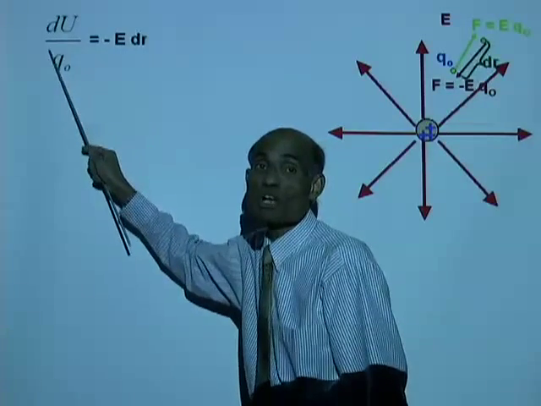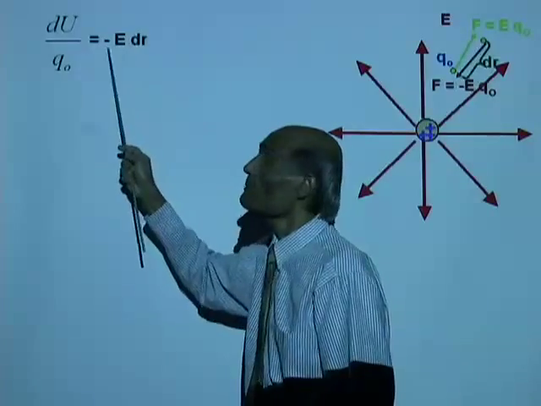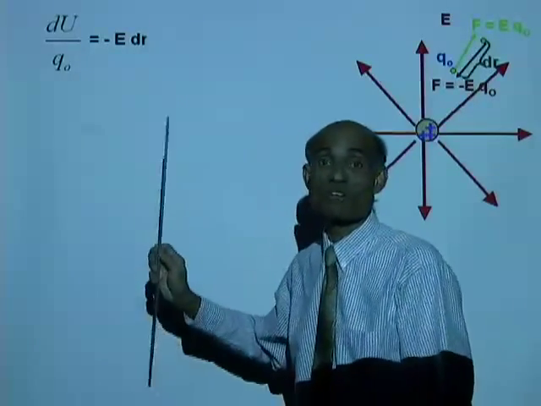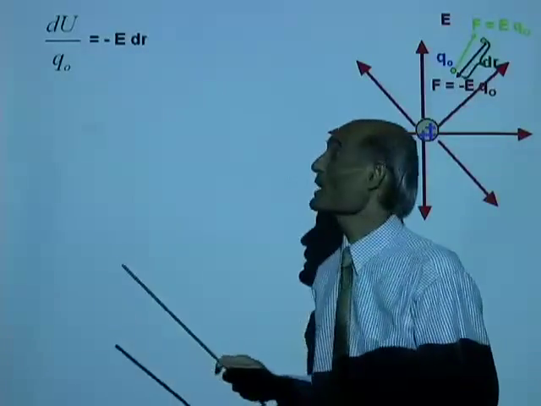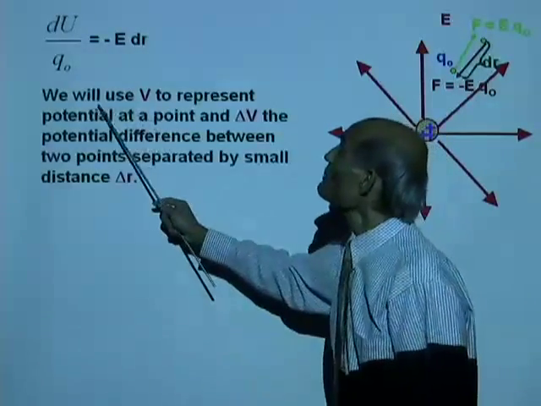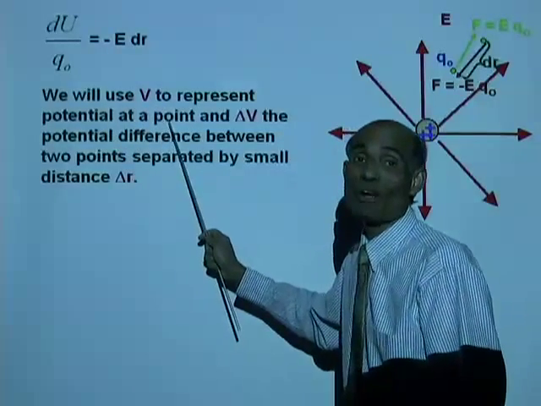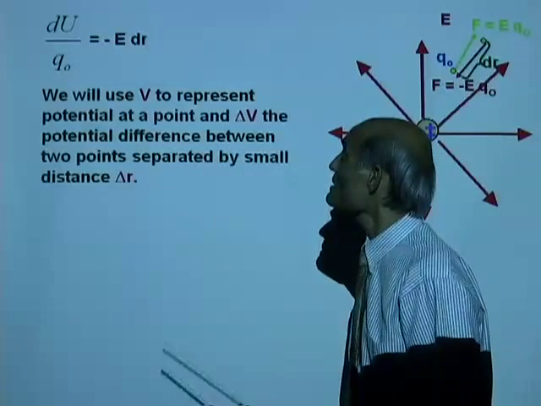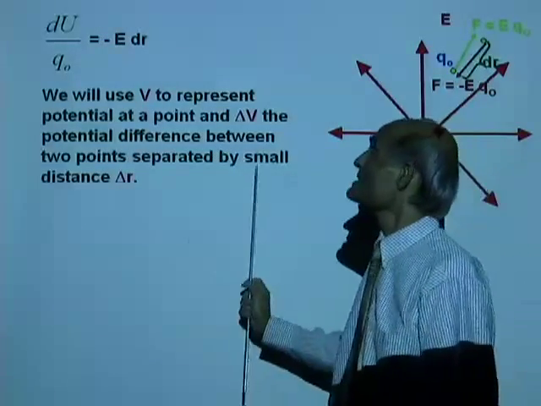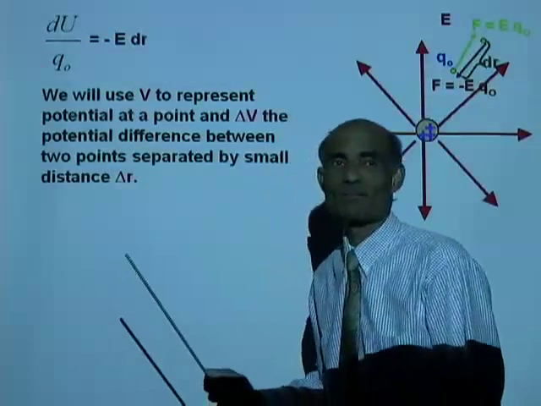It is the potential energy per unit charge, and this is a measure of the potential difference between 2 points at a distance dr apart. We will use V to represent potential at a point, and delta V the potential difference between 2 points separated by a small distance delta r.